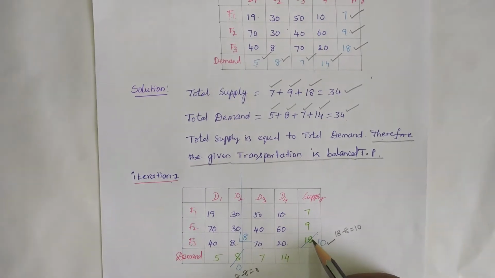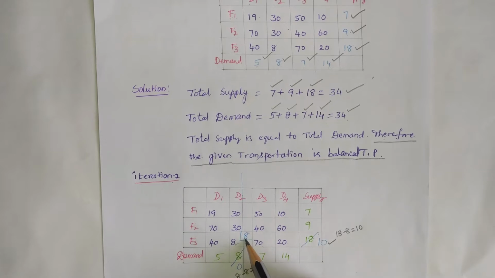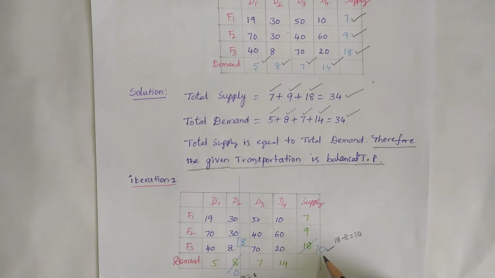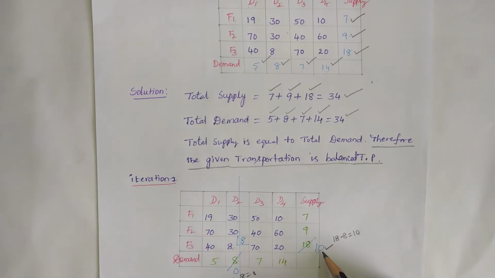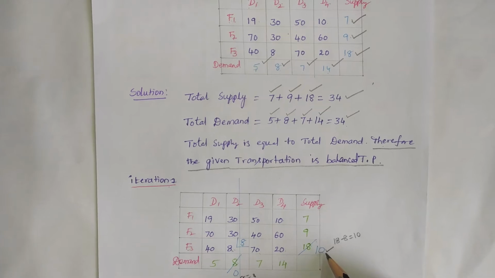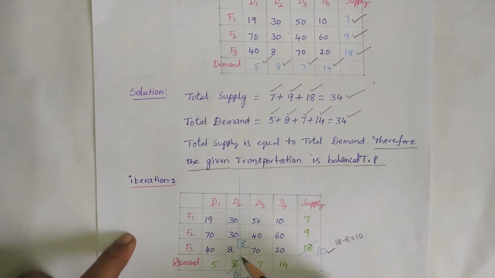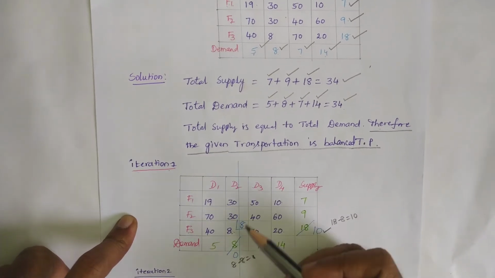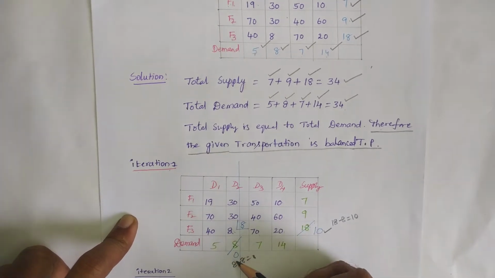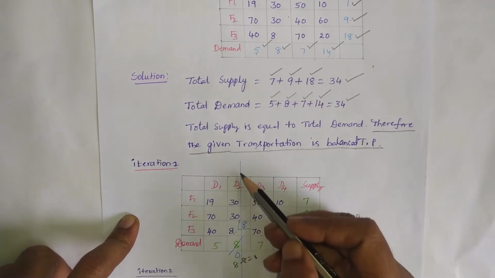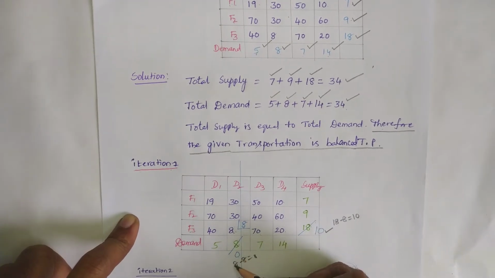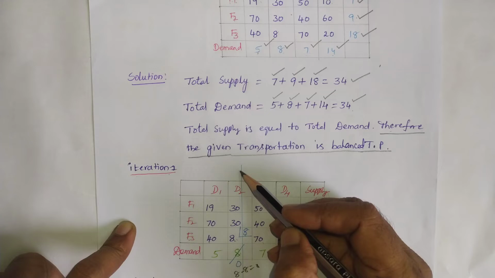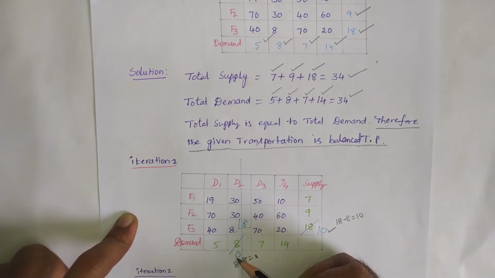So the remaining supply is only 10 units. Here the D2 column is exhausted because there is no demand left for the D2 column. That means it is satisfied, so it is deleted for the next iteration.